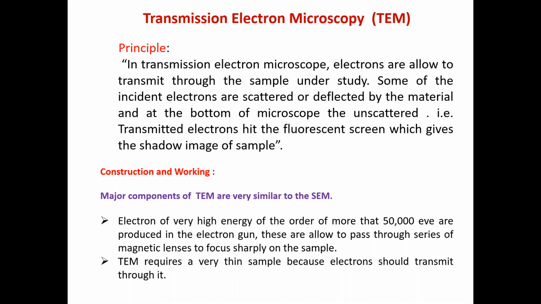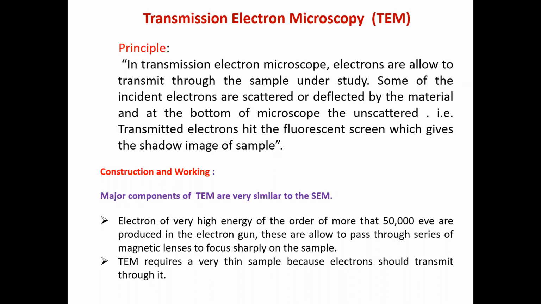So the principle of transmission electron microscopy is just like your SEM, but here is the basic difference. Now, when we look at the differences, you will notice that there is a basic difference between SEM and TEM. Both are electron microscopy, but scanning electron microscopy is surface level, we just observe the surface.